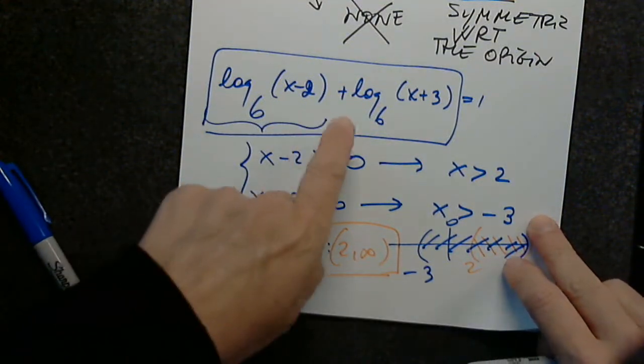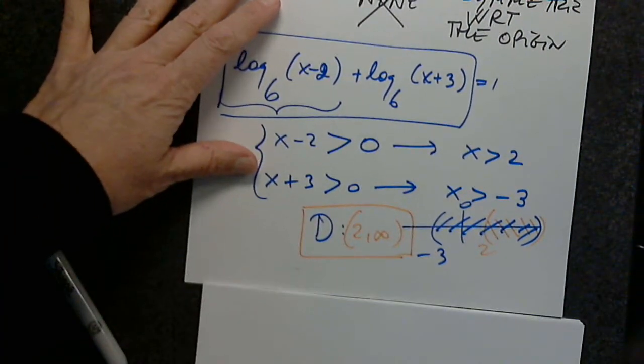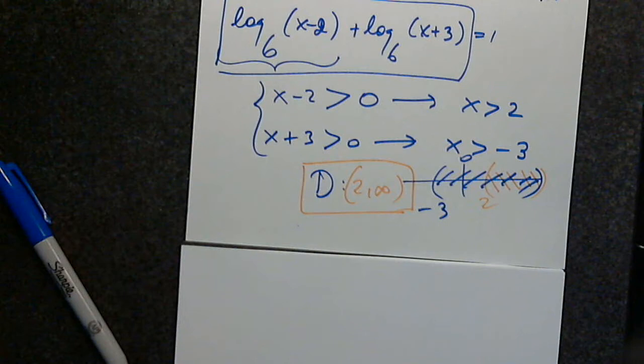Good. So how do we condense this part? The left-hand side, how do we condense it? It's a sum of two logs with the same base.